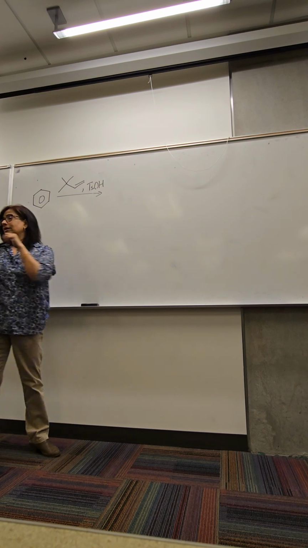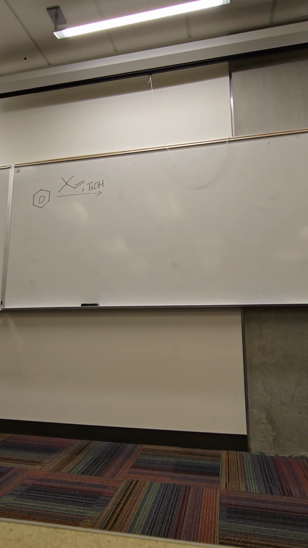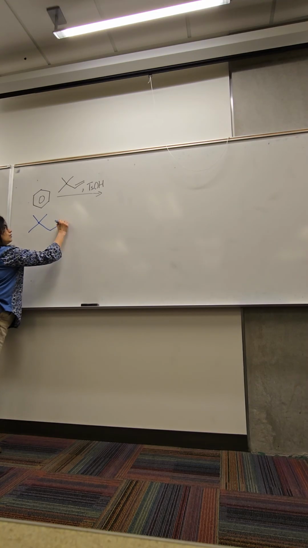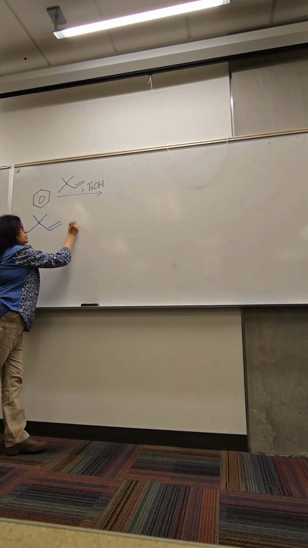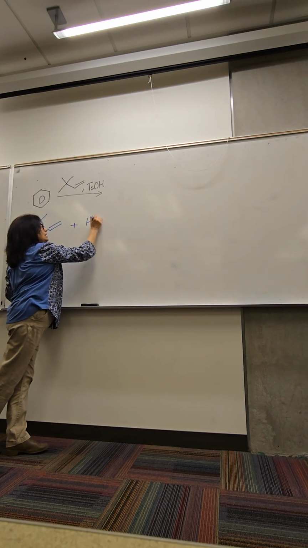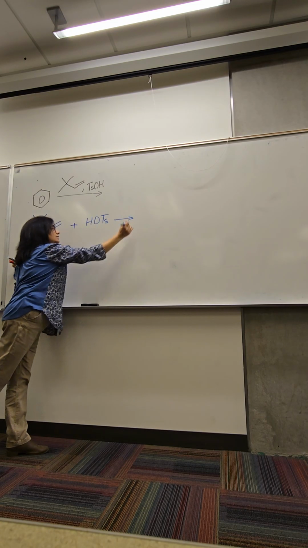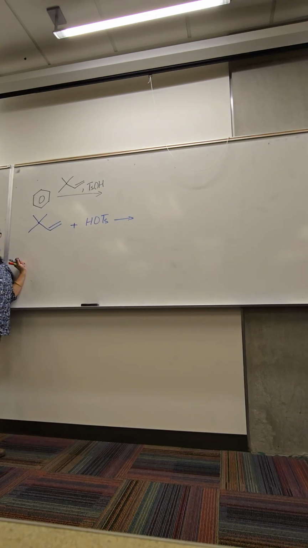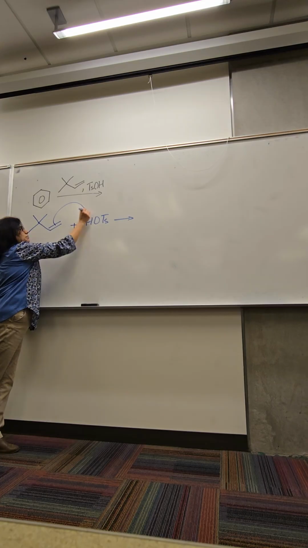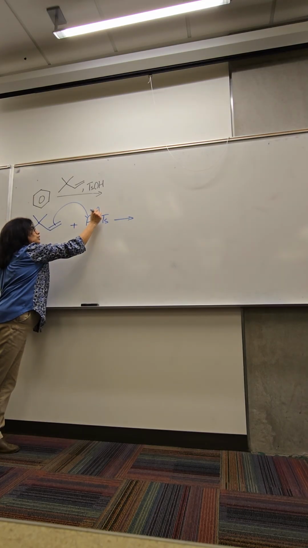Everyone okay? So what do we expect to happen here? Anybody? Have you seen an alkene reacting with an acid before? Yes. Good. What does it do when an alkene reacts with an acid? The alkene takes the proton. Good. And what does it become if the pi electrons take the proton?